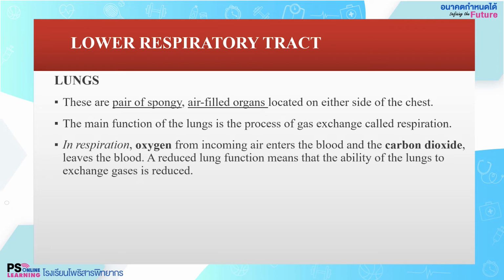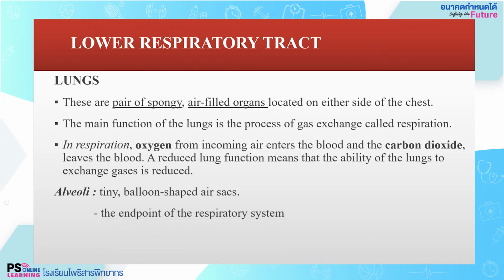So in the lungs, there are things called alveoli. Alveoli are tiny balloon-shaped air sacs, which can be found at the endpoint of the respiratory system. These are the smallest passageways of the respiratory system, where the exchange of oxygen and carbon dioxide occurs.